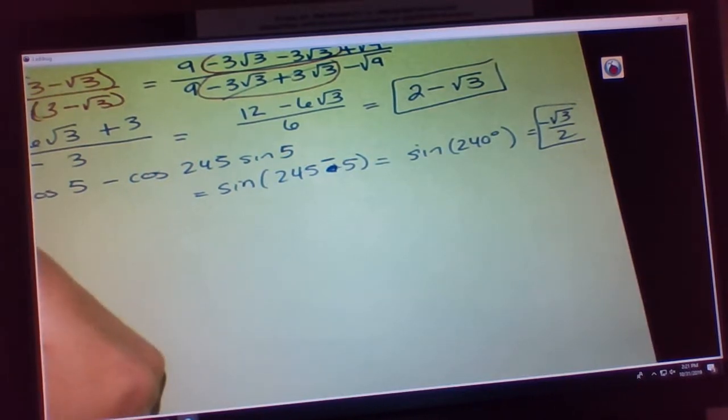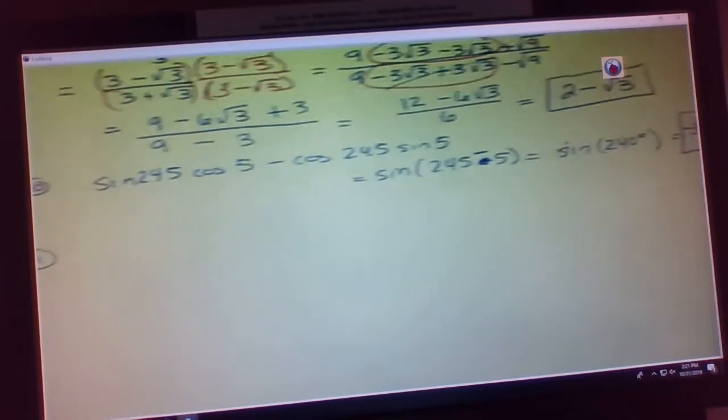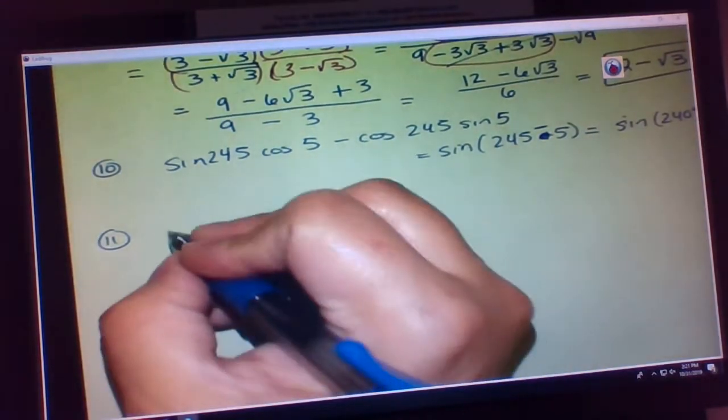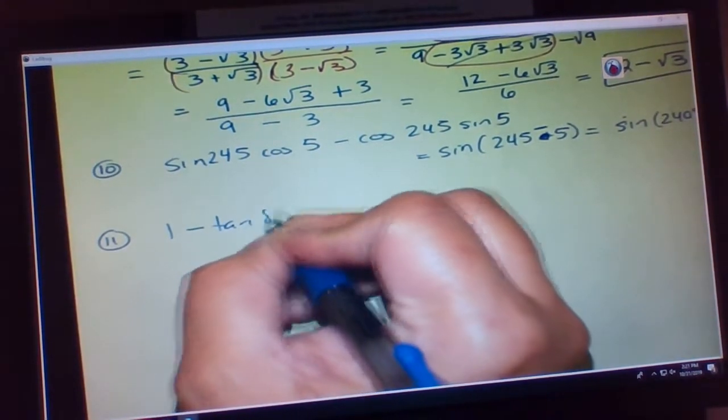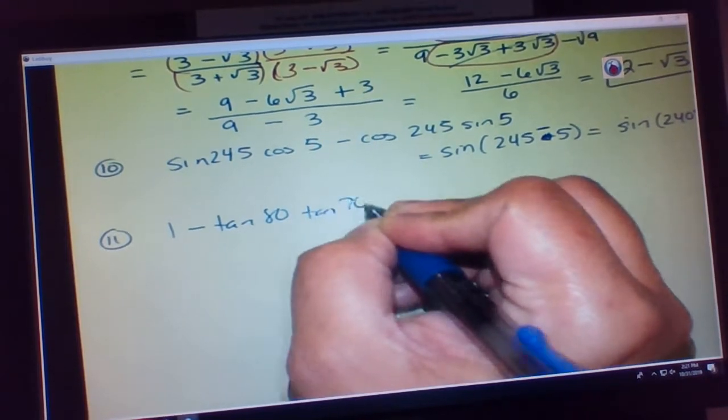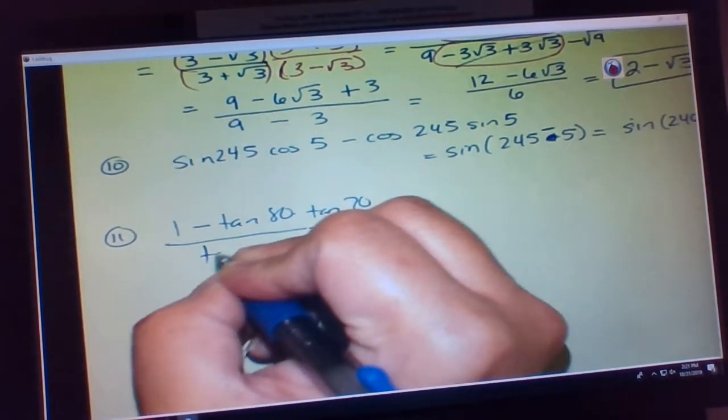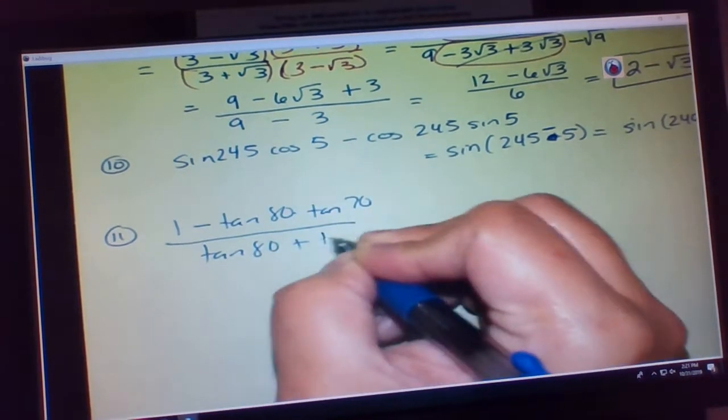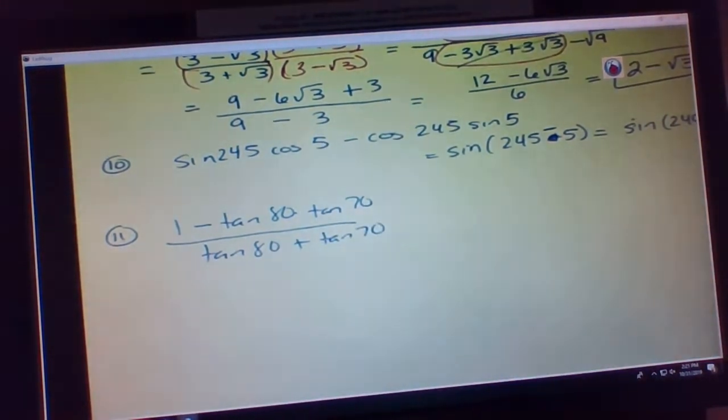Now, the next one, number 11, 1 minus tangent of 80, tangent of 70, over tangent of 80 plus tangent of 70. Now this one's a little bit different, but you should still be able to do it. But obviously we're using the tangent one. It's the sum or the subtraction. It's a sum, right?